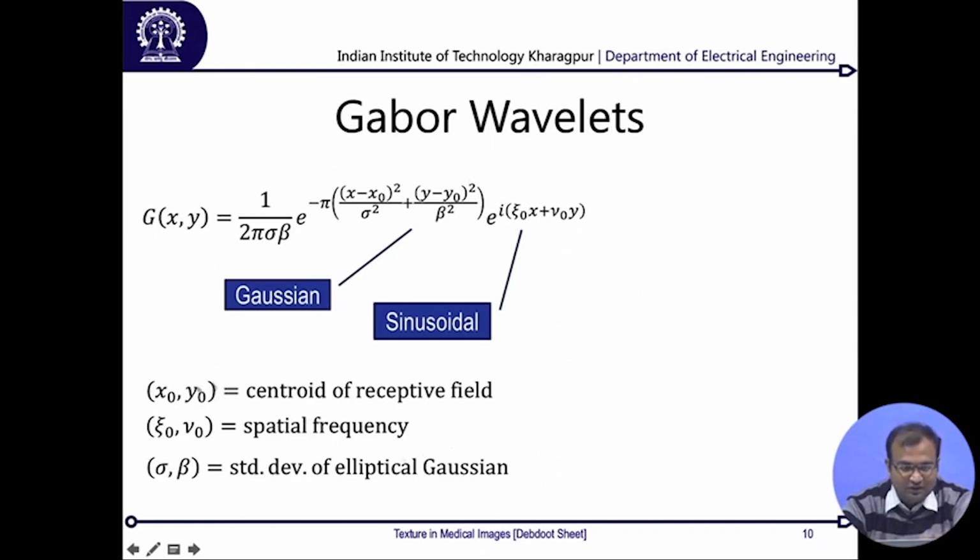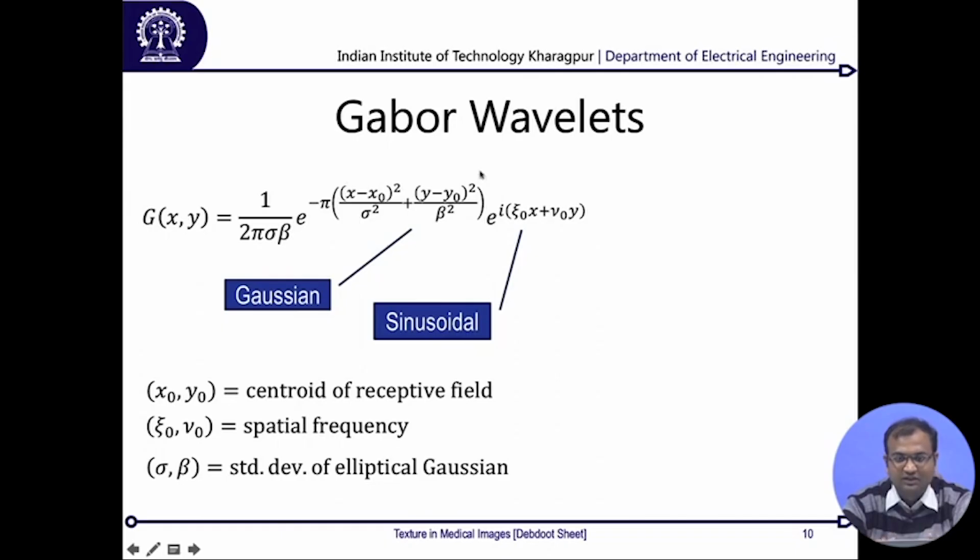Now x naught and y naught is called the centroid of the receptive field, or basically the centroid location, the pixel on which you are going to operate this whole thing. Zeta naught and nu naught are called the spatial frequency: zeta naught is the spatial frequency along x, nu naught is the spatial frequency along the y axis. Alphas and betas are the elliptical standard deviations of this elliptical Gaussian.